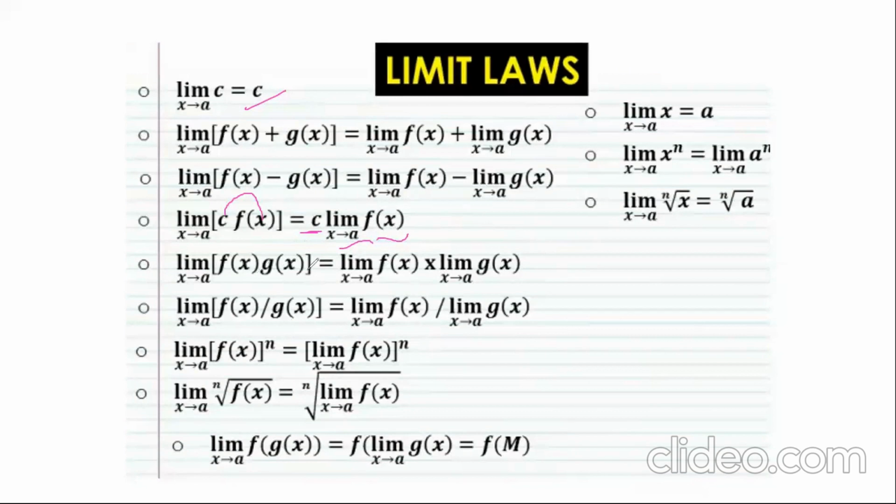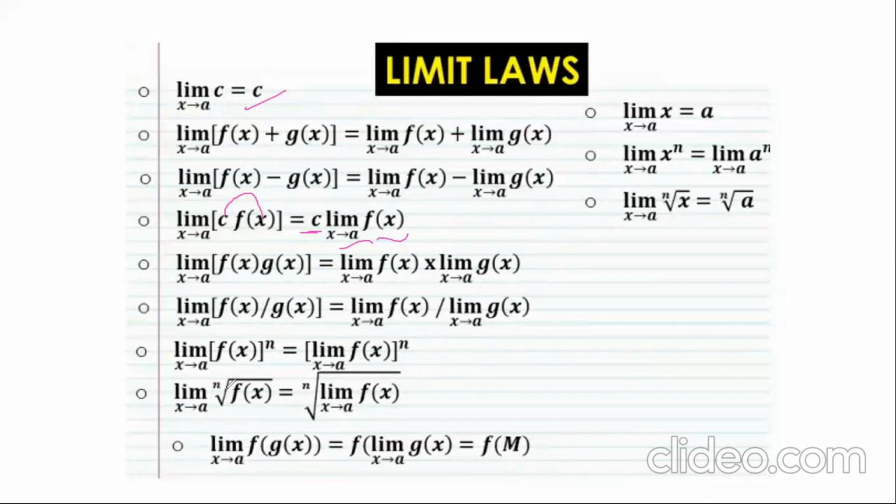And for the product, we also take the separate limits of the two functions, right? For the quotient, it is also the same thing: you take the individual limits. Whenever you have a power of n, you can take the total limit whole power n.